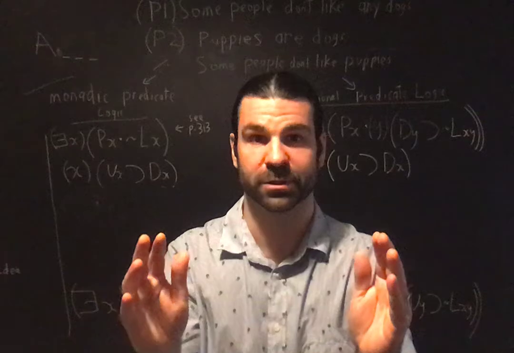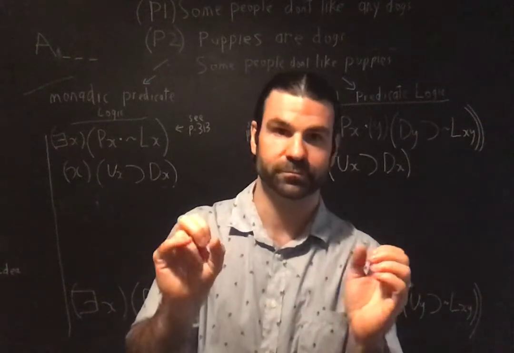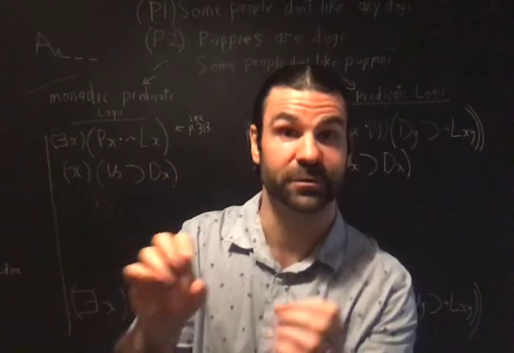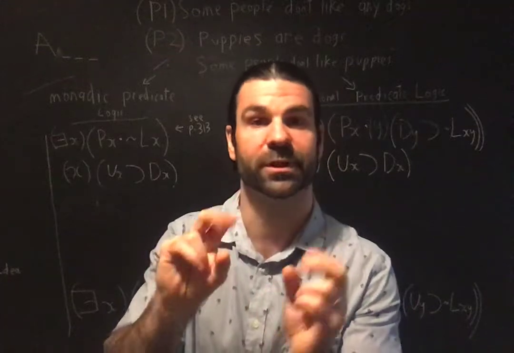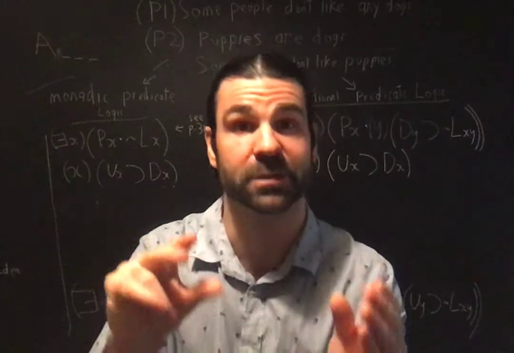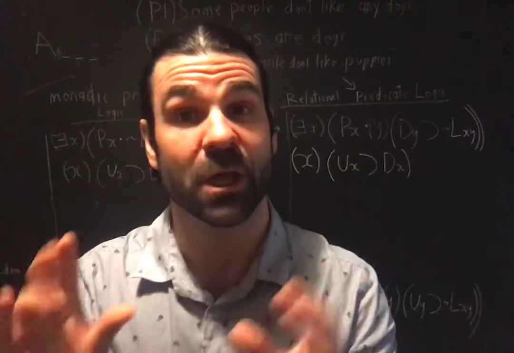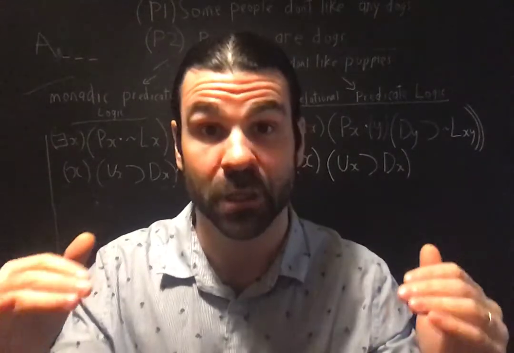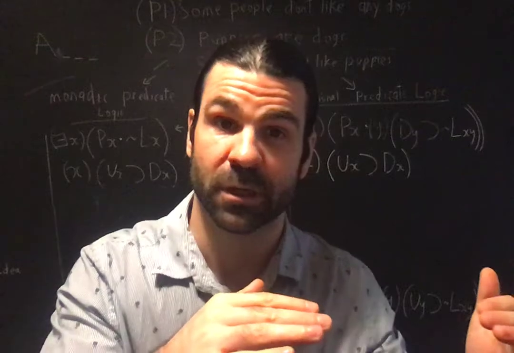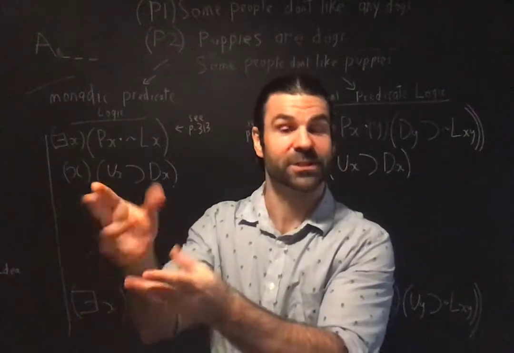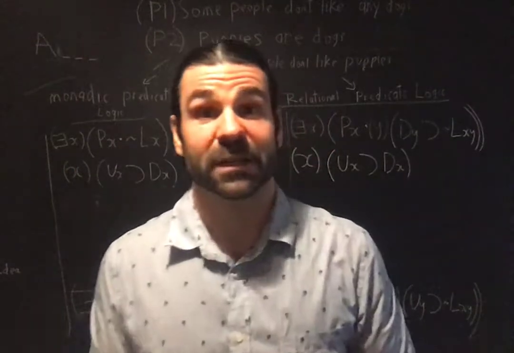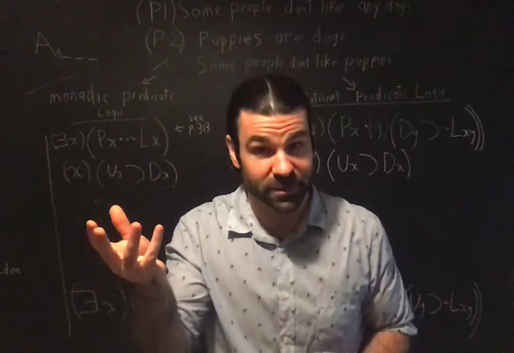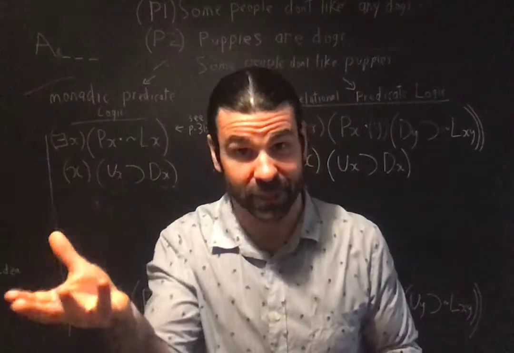With English words that express quantity, that tell you of how many things a propositional function is true. Those quantifier words are a different linguistic being to names, right? So there is this fact about English, this difference between names and quantifiers.